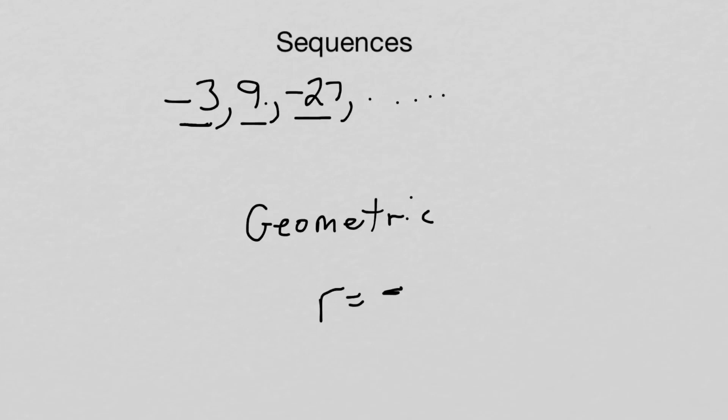If you were asked to keep going with the sequence, negative 3 times negative 27 is going to give you positive 81. So the answer to this question is the ratio equals negative 3.